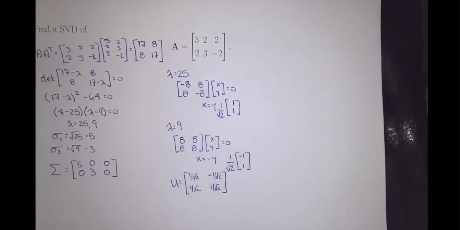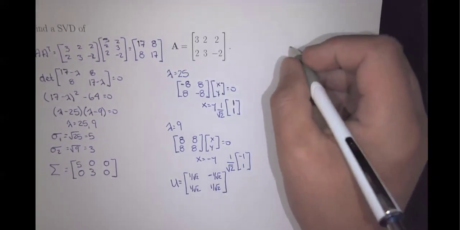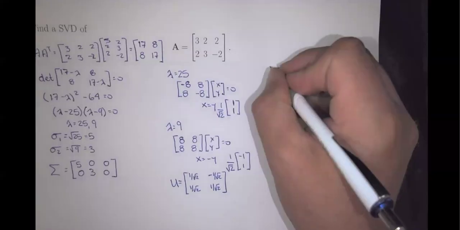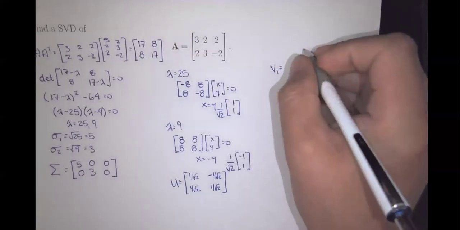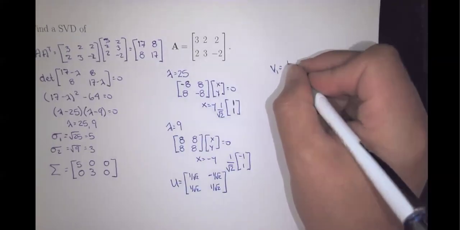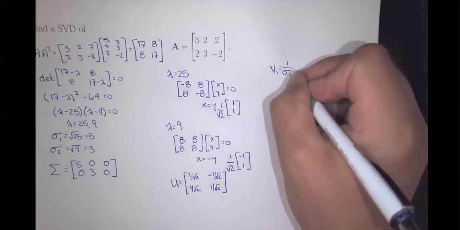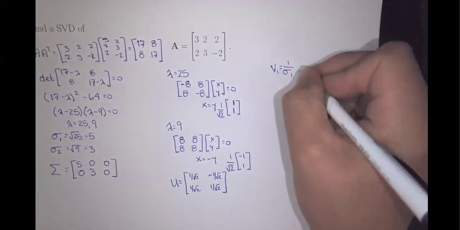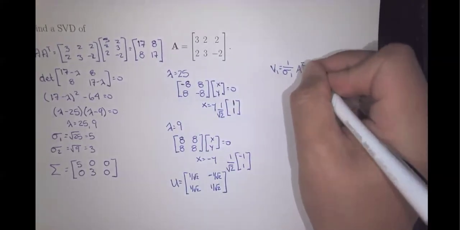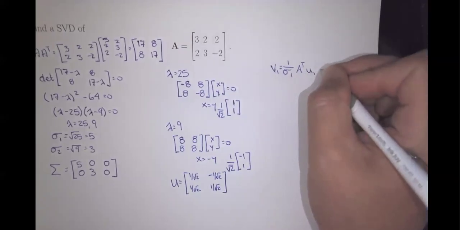Now we need to deal with our right singular vectors, our V column. So V1 is going to be 1 over sigma 1 times A transpose times U1.